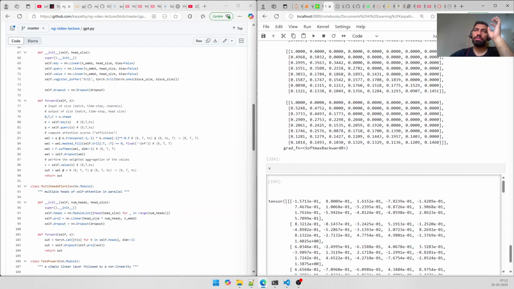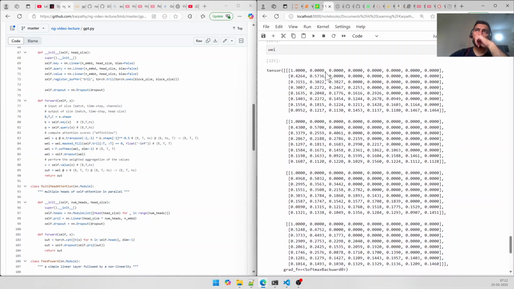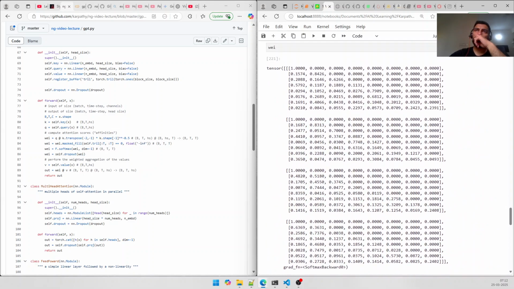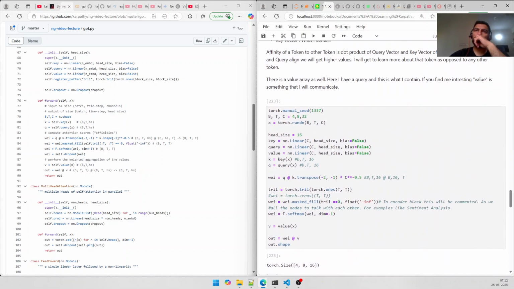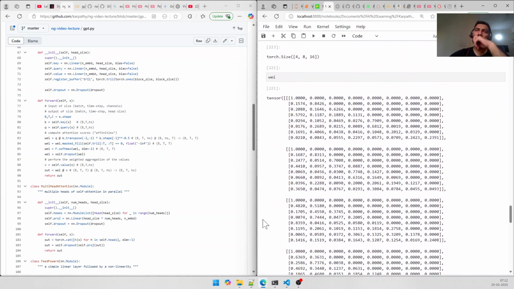Okay, so that takes minus whatever it is, because all of them are zeros. Should have been minus infinity now. Oh, I did the softmax.